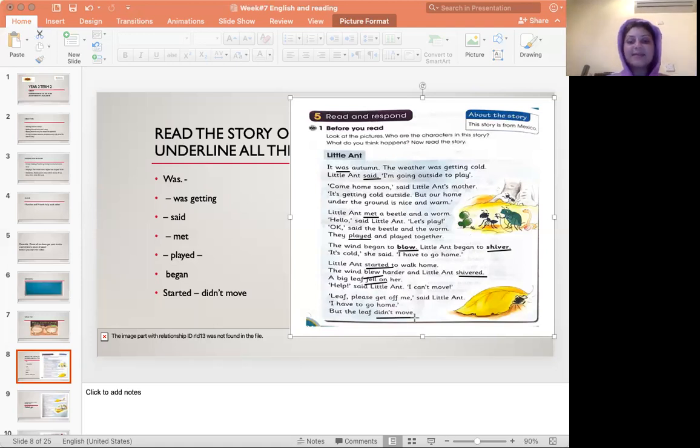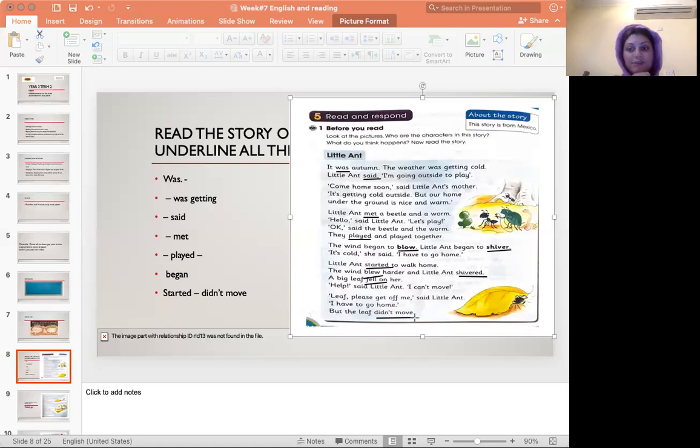So as we can see in this page, it was in autumn time. Autumn is before winter. Okay?